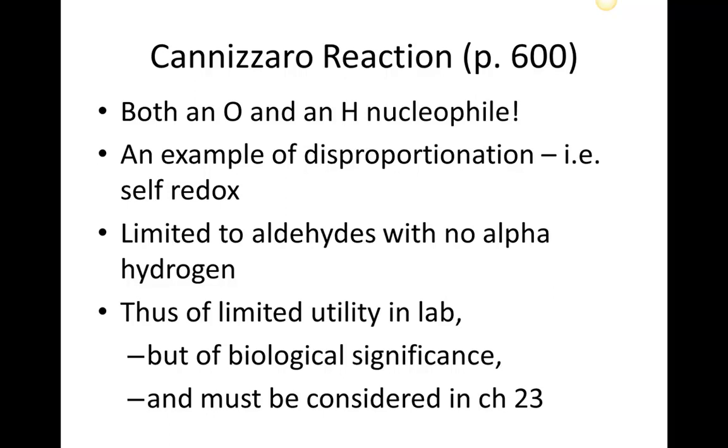So aldehydes only have one alpha position, and that carbon cannot have an alpha hydrogen on it, which means that there's several families of aldehydes that fall into this category, but it is limited to those kinds of aldehydes, and it's important biologically, and it's useful in lab as long as you've met these criteria.